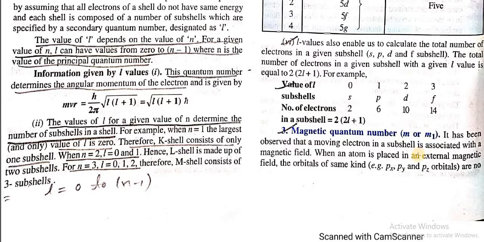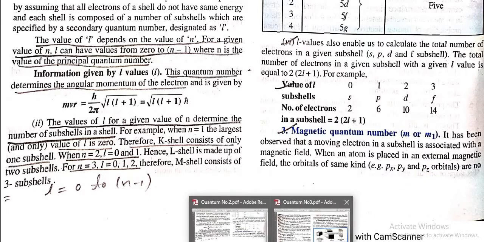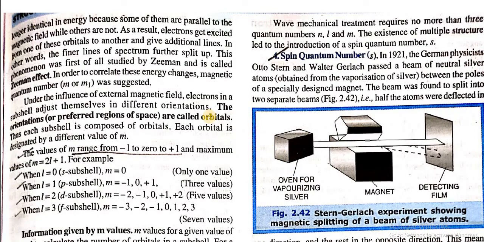So when an atom is placed in an external magnetic field, the orbitals of the same kind, that is px, py and pz, the subcells of the p orbital, are no longer identical in energy because some of them are parallel to the magnetic field while others are not. As a result, an electron gets excited from one of these orbitals to another and gives additional lines.